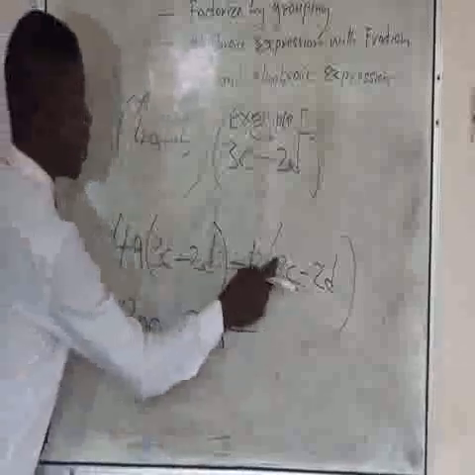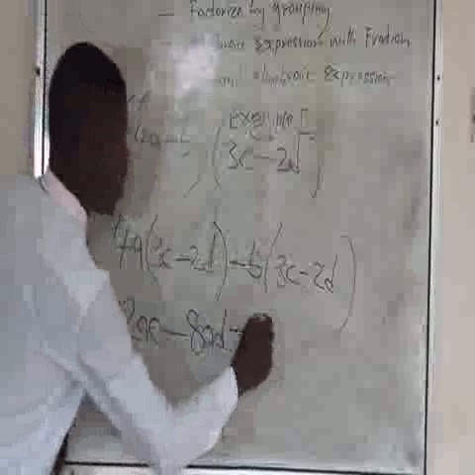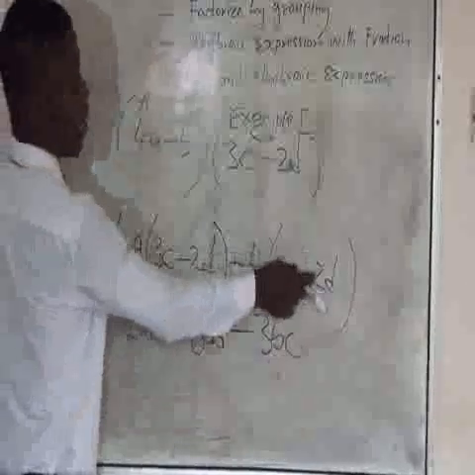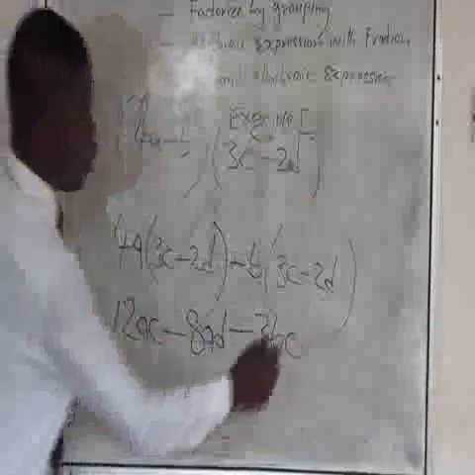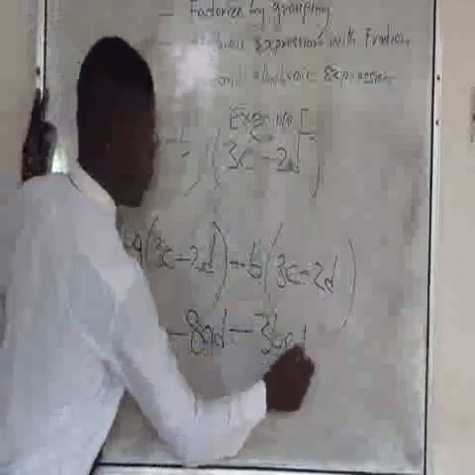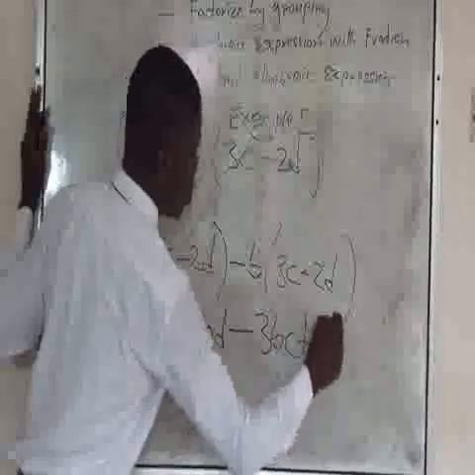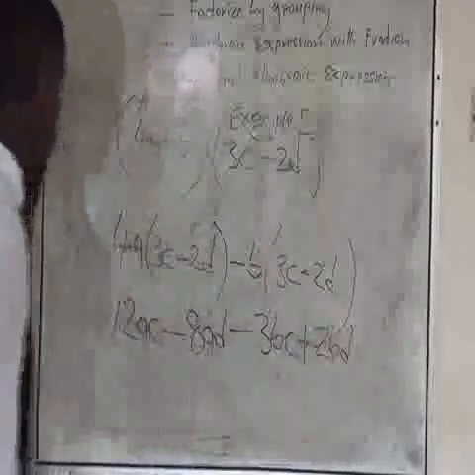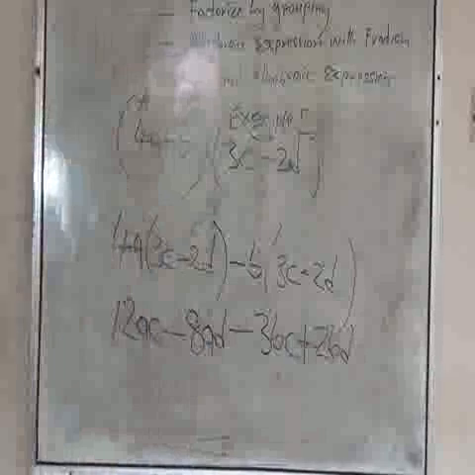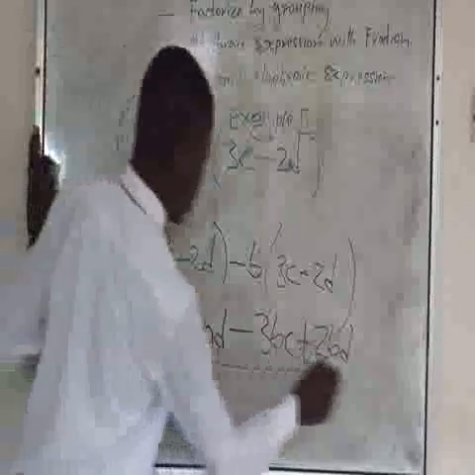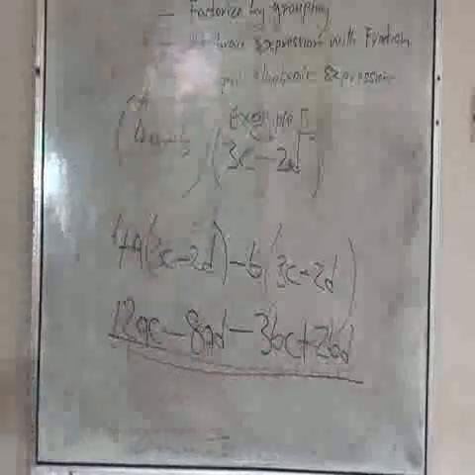Minus b times 3 gives me 3bc. Please note, minus times minus is plus. Then minus b times minus 2d is plus 2bd. As you can see, there are no like terms. We cannot add or subtract, so this is our final answer.